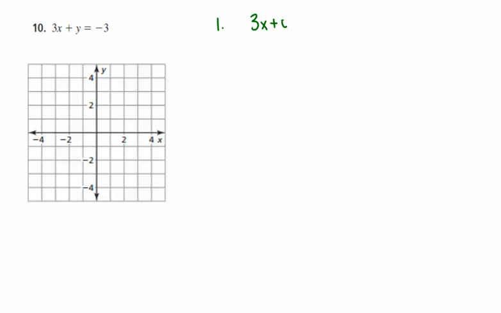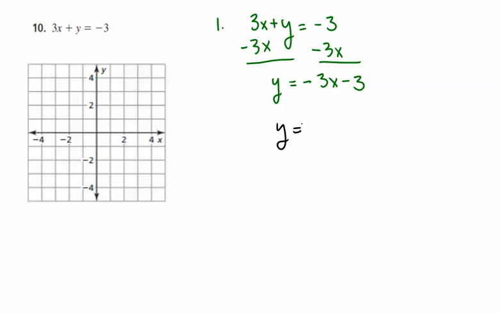3x plus y is equal to negative 3. First thing I'm going to do, subtract 3x on each side, and I get y is equal to, remember I'm going to put my x term first, and I can't combine negative 3 and negative 3x. The best I can say is that y is equal to negative 3x minus 3.